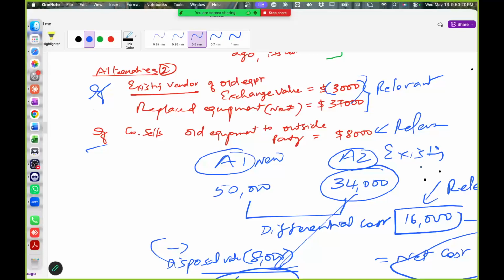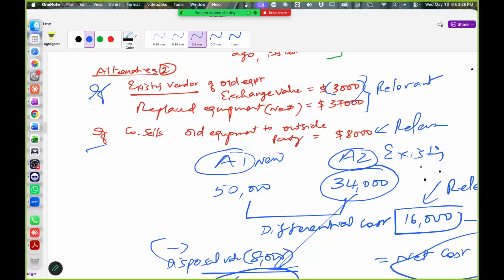So the term relevant cost is not necessarily for the costs only. It is for revenues also, it is for cash flows also. We don't say relevant revenue, relevant cash flow. No. Relevant costing is one term, but that includes costs incurred in the future that differ from the alternative that impact my current decision.